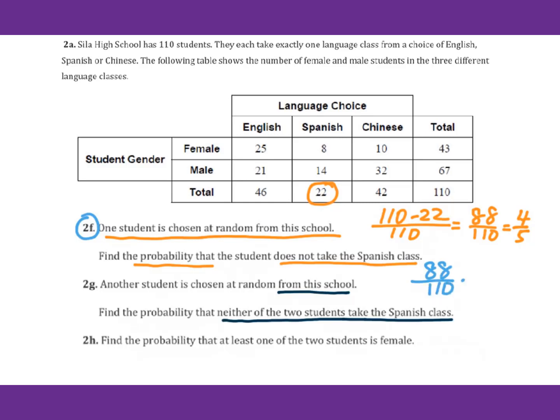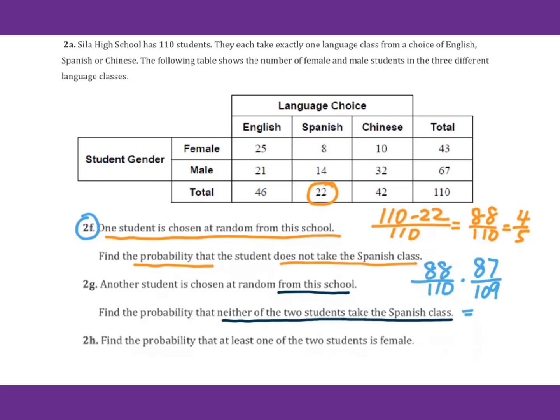Then you multiply. Since one student's already taken away, we have 87 students left who don't take Spanish. Then over 109, because this is a dependent event.